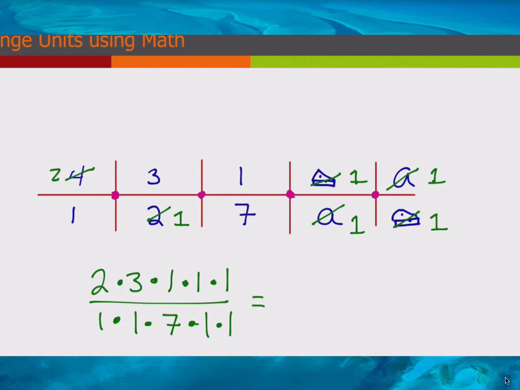All right, 2 times 3 is? I was just thinking, wouldn't that be the same thing as 2 times 3 over 7? Yeah, but we are going to treat it like this first, okay? But yes, it's the same thing. So it'd be 6 over 7. So the answer to this long, complicated mess is 6/7.